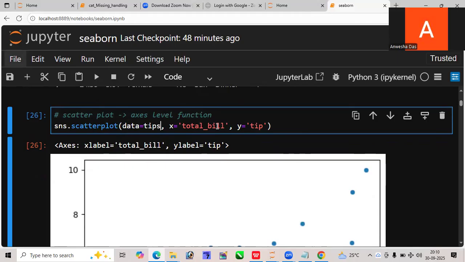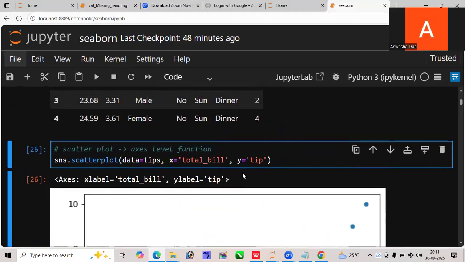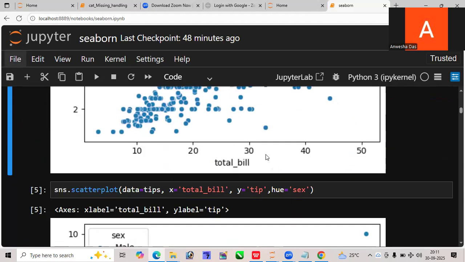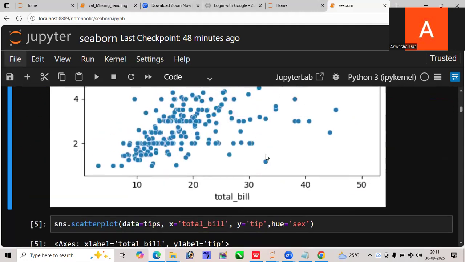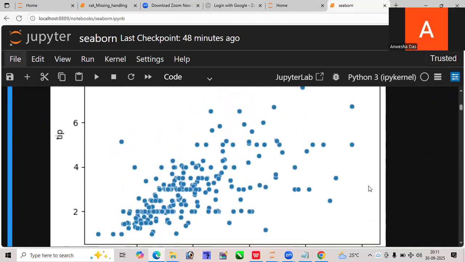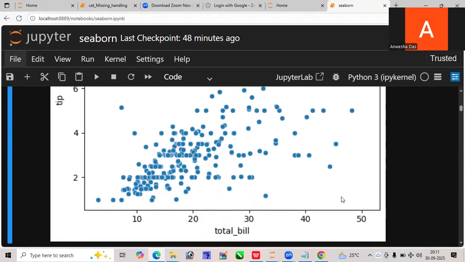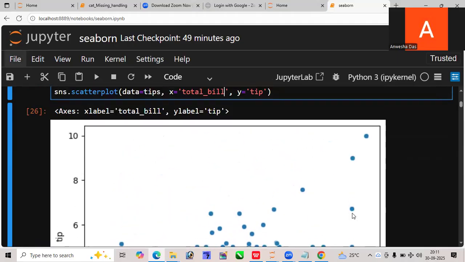Here my x-axis is the total bill and my y-axis is the tips. If you see the data very carefully, you can understand that those who paid more amount gave more tips as well. See, between 40 and 50, they paid a good bill, and they have given good tips as well.